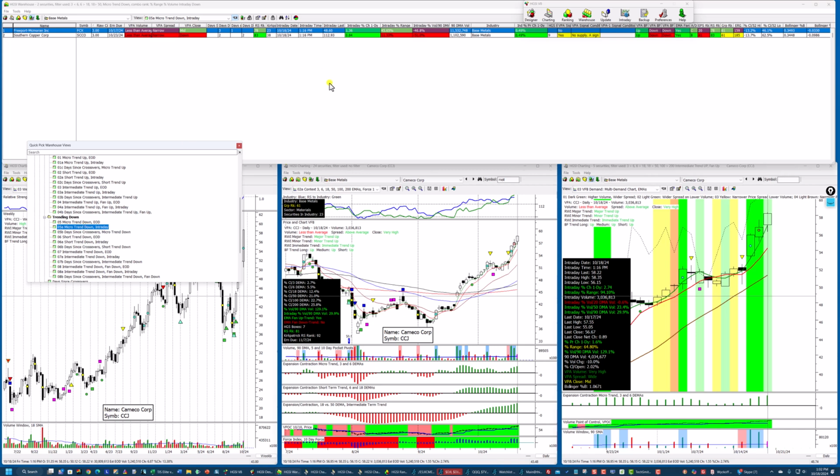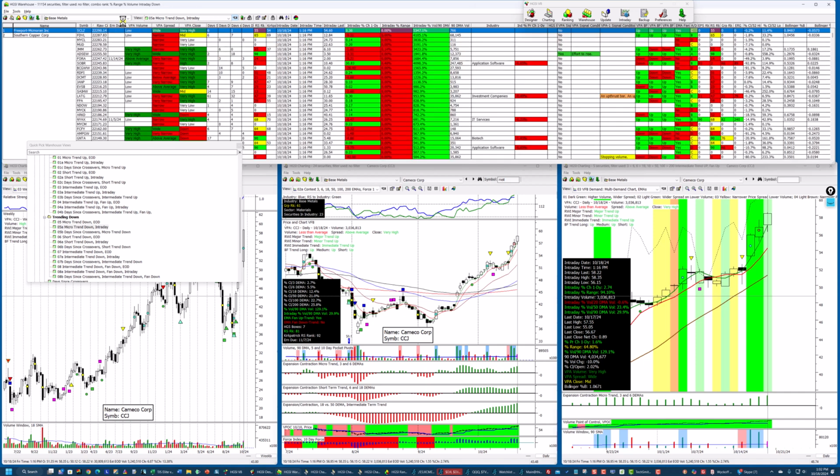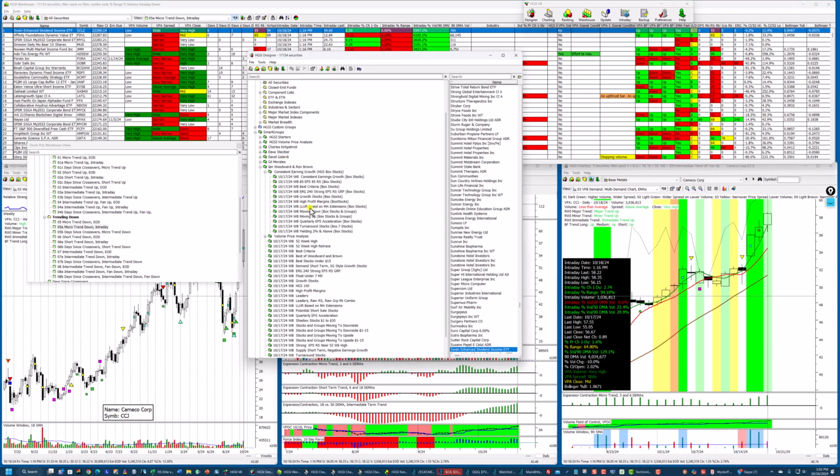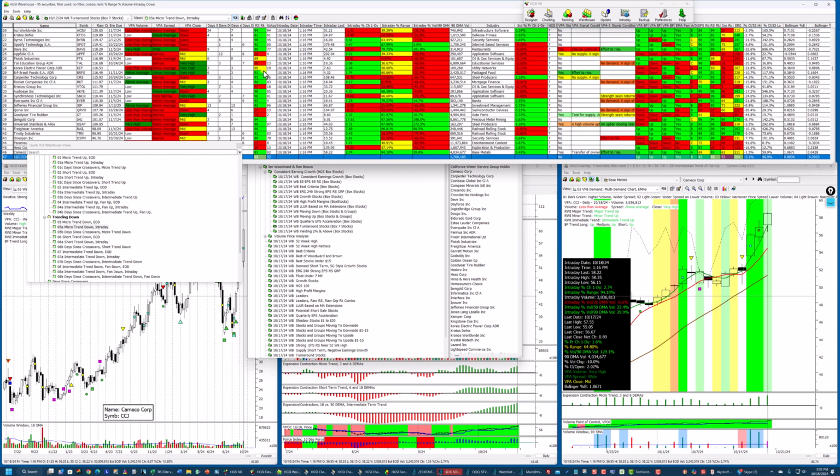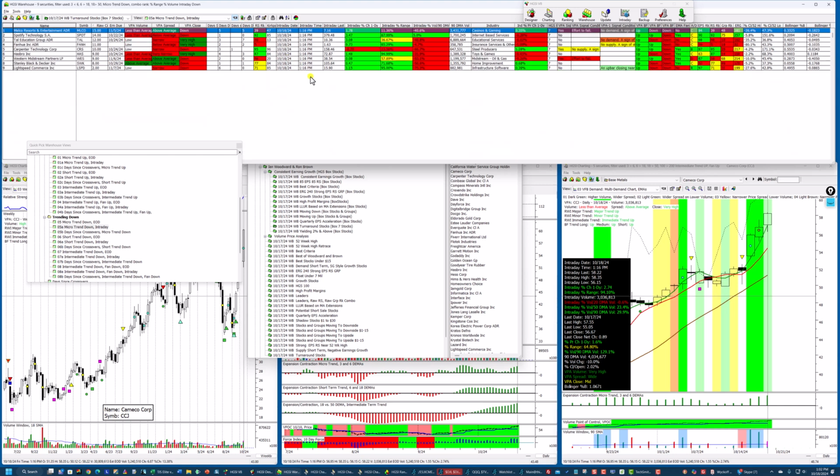Let me go back to my turnaround stocks and apply the filter. And this is microtrend down as of last night.